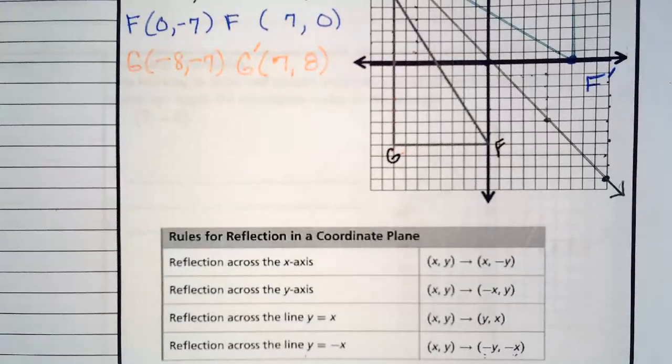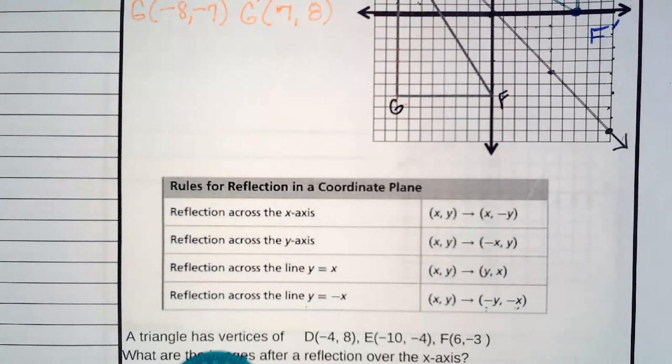So you've got these rules for reflections across a coordinate plane. Reflecting over the x and y axis are very easy. You keep the same coordinates, except if you're going over the x-axis, y becomes its opposite. Across the y-axis, x becomes its opposite. If we have a reflection over the line y equals x, then all you do is flip the x and y coordinates around.